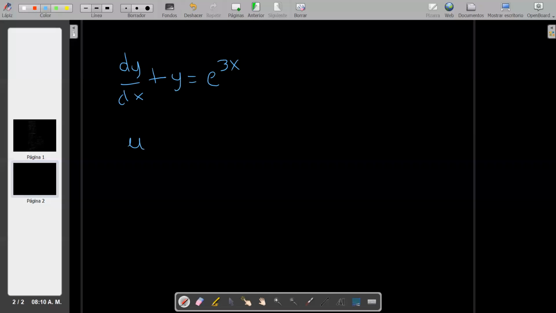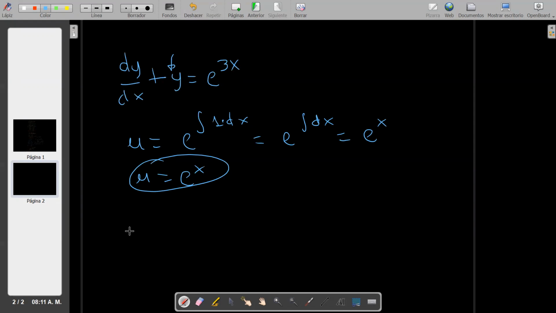So the integrating factor is equal to e to the integral of 1 dx, right? Because the coefficient of y is just a 1, and the integral of dx is just x. So the integrating factor is e to the x.